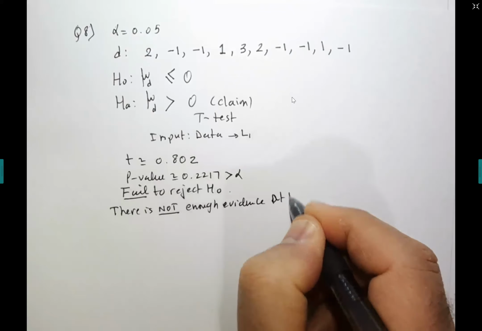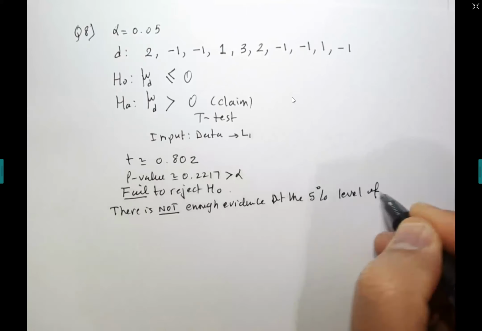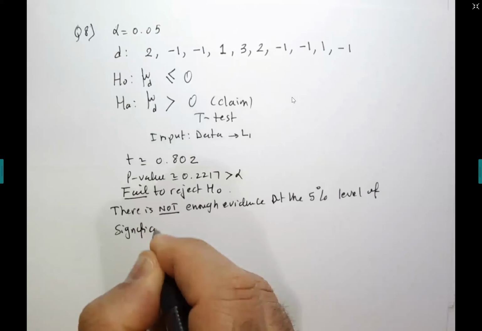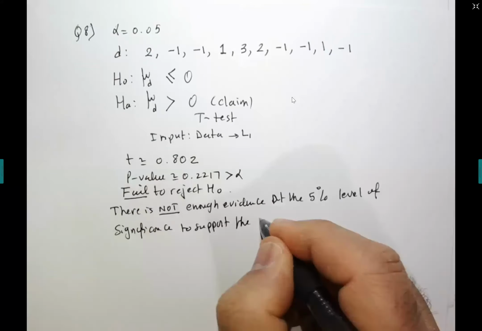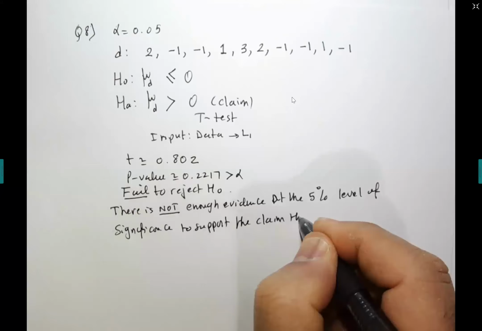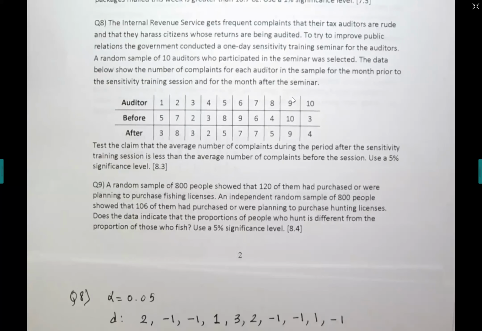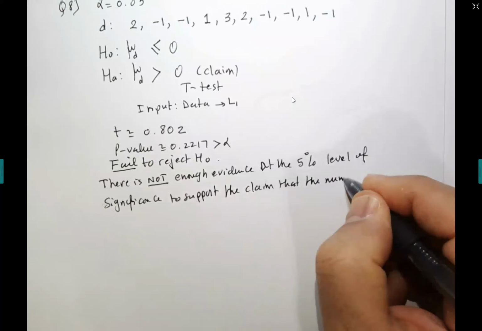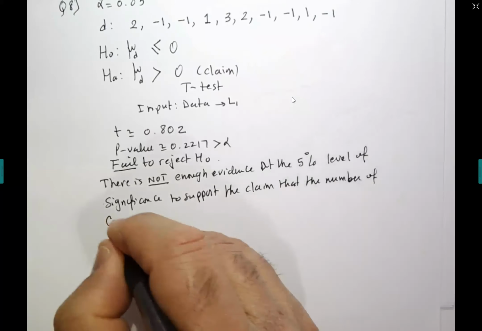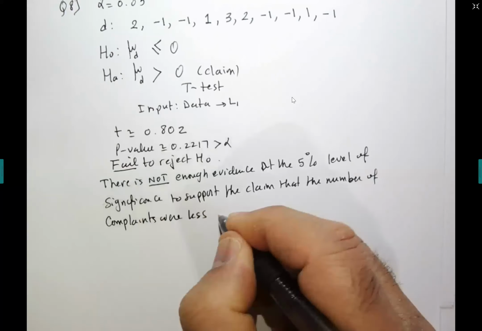At the 5% level of significance to support the claim that the average number of complaints after the training is less, that the number of complaints were less after the training.